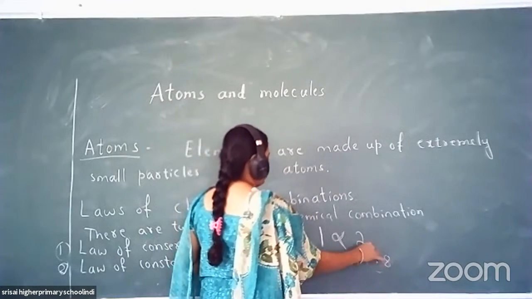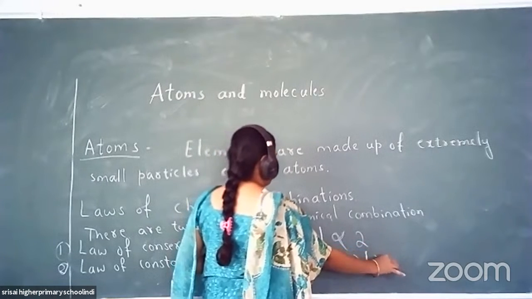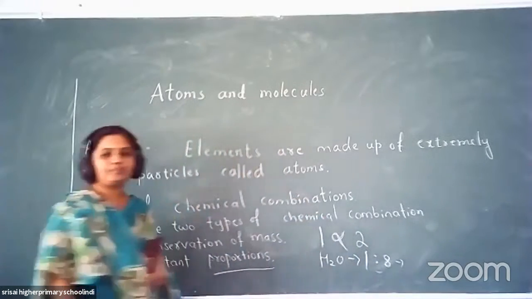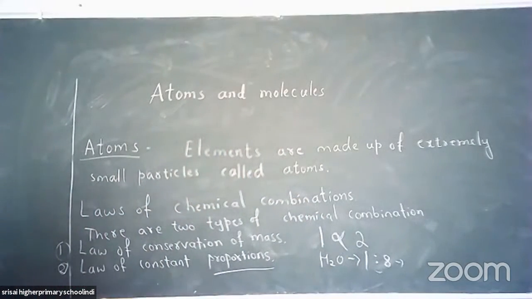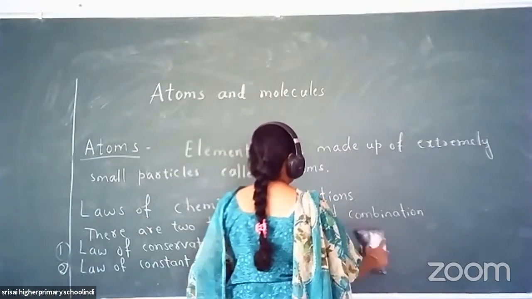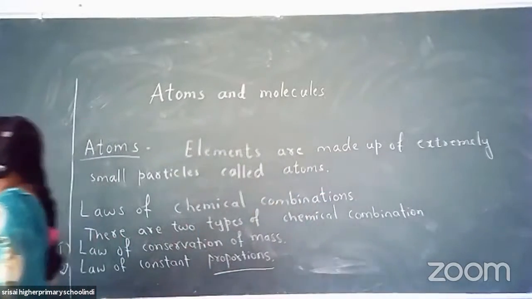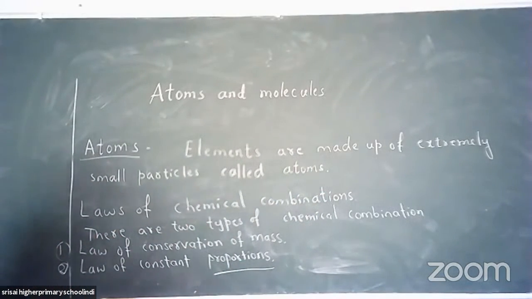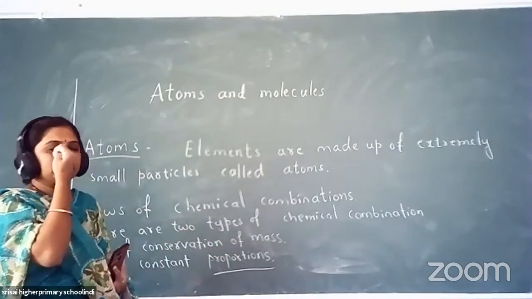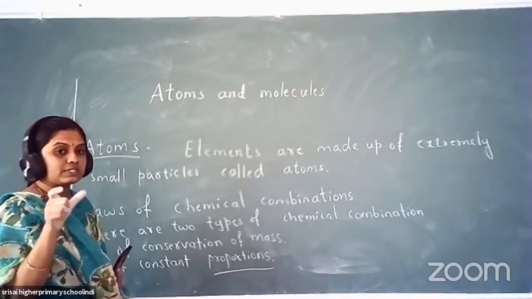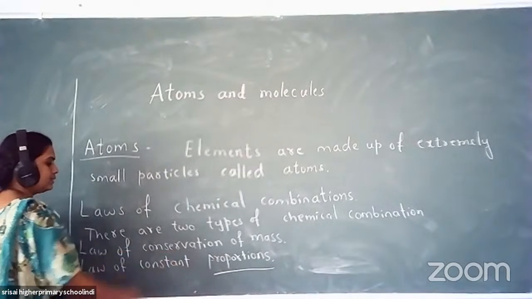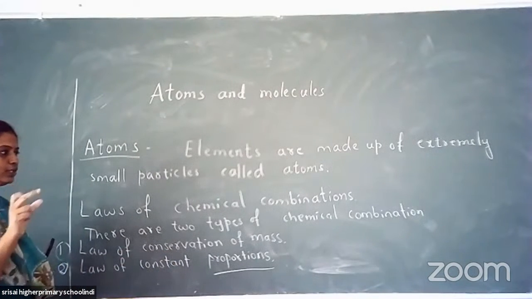Hydrogen may be less and oxygen more, but it comes as water, H2O. It will be constant everywhere, whether the water is from a river, lake, or tap. The ratio will be constant. The law of constant proportions says that everywhere the water ratio will be 1:8.